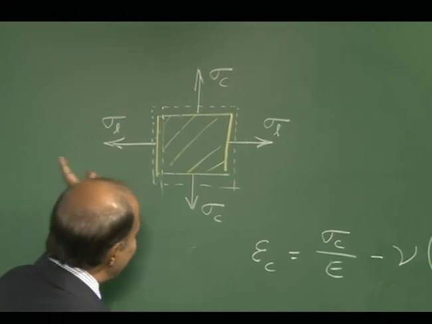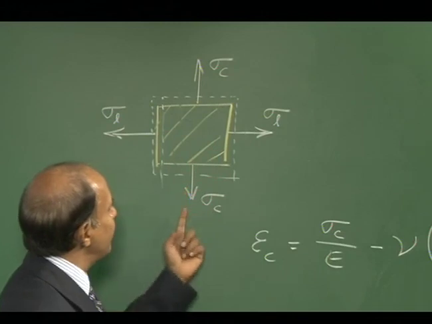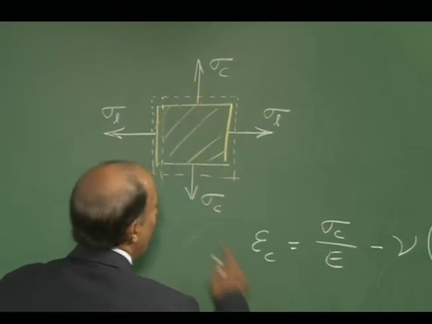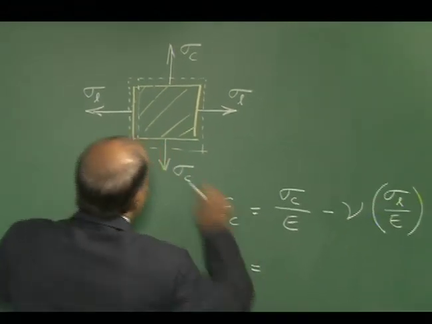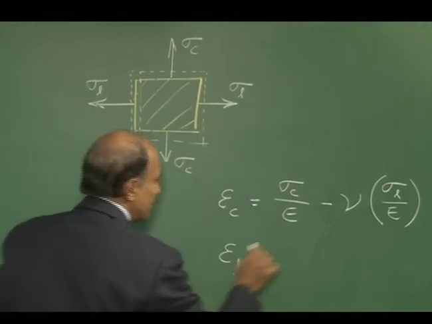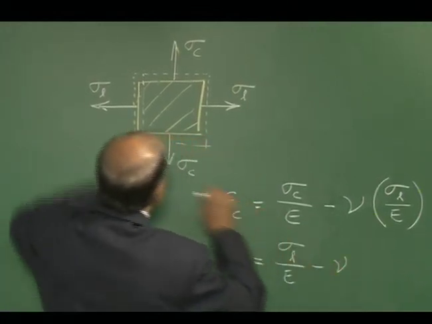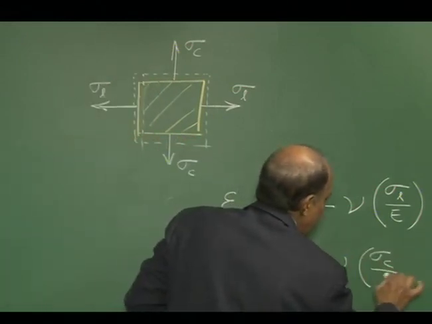But now I want to calculate the longitudinal strain, or strain in this direction. So that becomes longitudinal and that becomes lateral. I am only changing the axis. So I am going to say epsilon L, that is longitudinal strain. I have taken this as first, sigma L by E minus nu times lateral, that is sigma C by E.